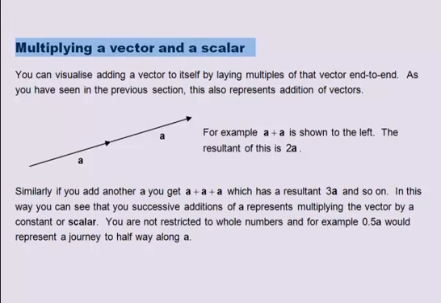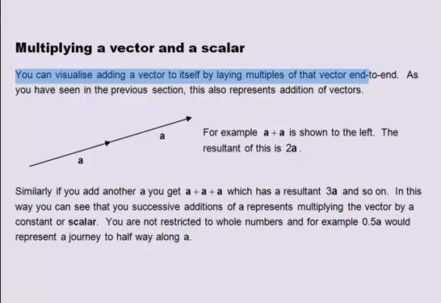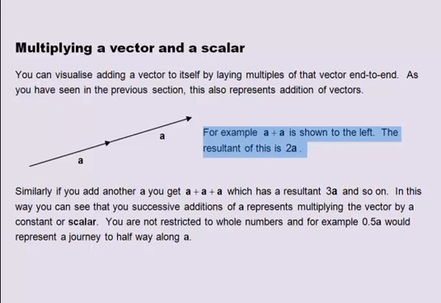Multiplying a vector and a scalar. You can visualise adding a vector to itself as laying multiples of that vector end to end. As you have seen in the previous section, this also represents addition of vectors. For example, a plus a is shown to the left. The resultant vector is 2a.